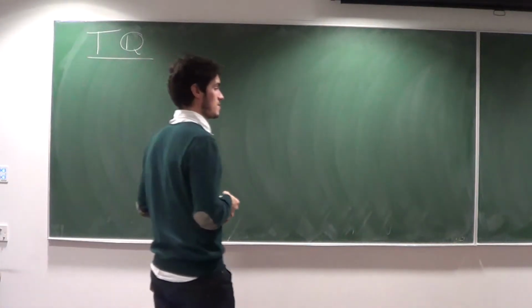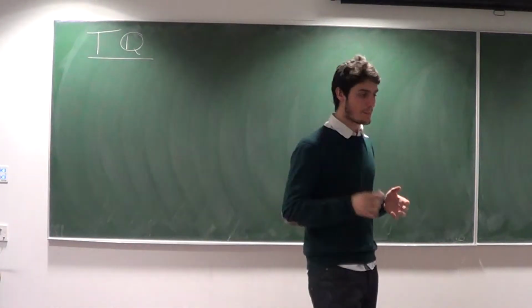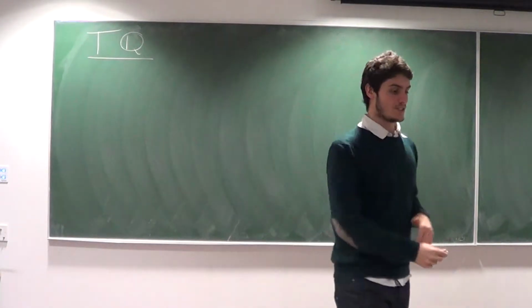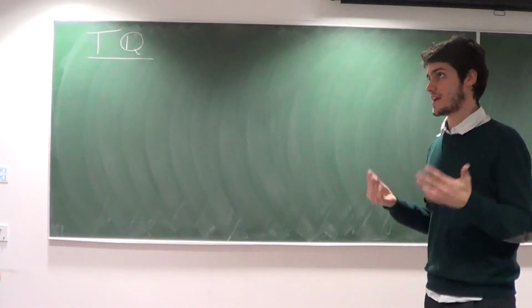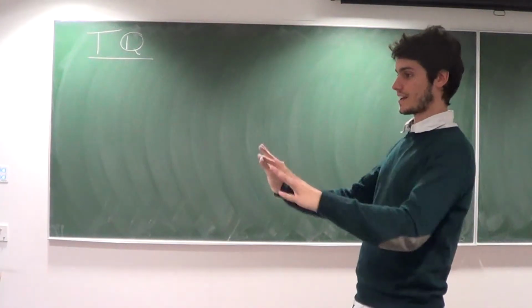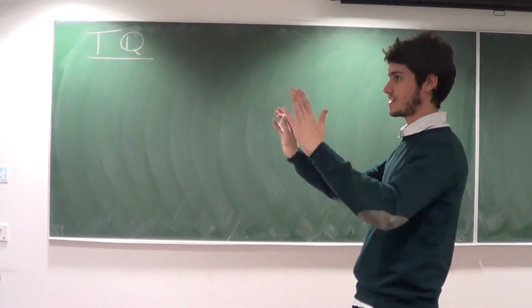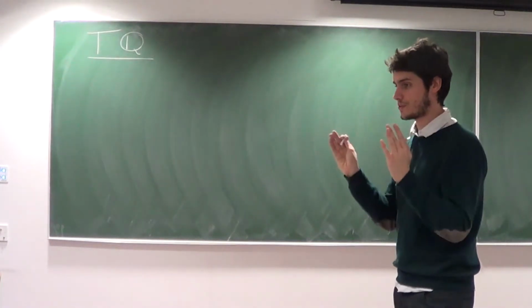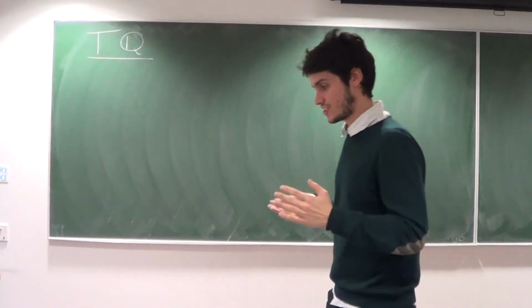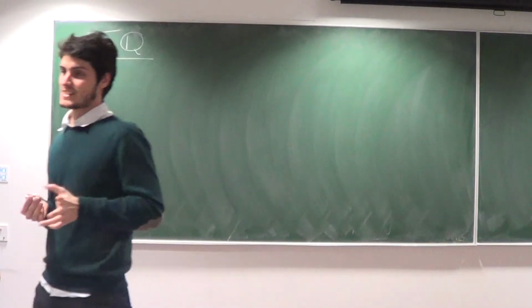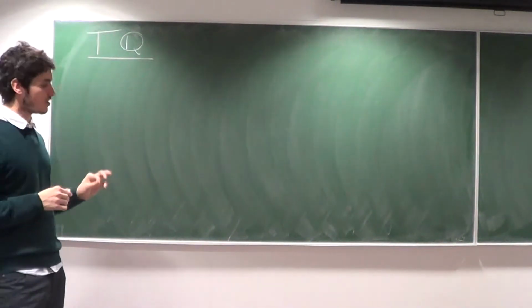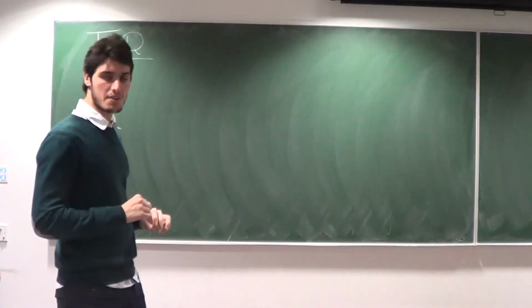If you define a configuration to be a point of Q, and you imagine a configuration as being the state of a mechanical system, like a snapshot, a picture of the system at a particular moment of time, then obviously change of the system, or evolution of the system, will be just a movement, a curve, through configuration space.